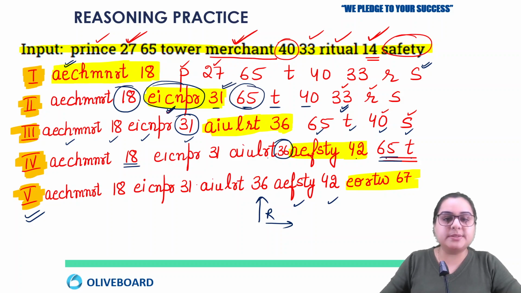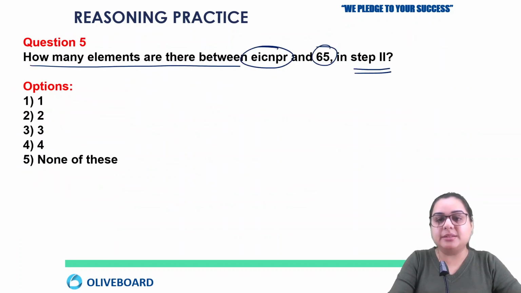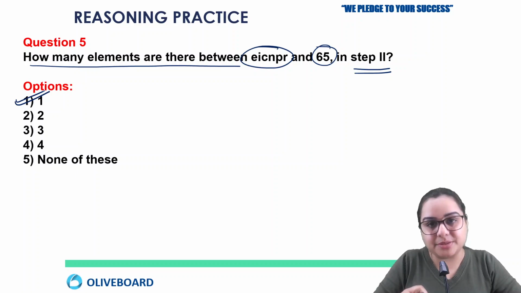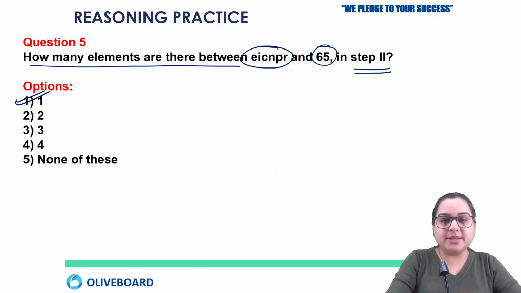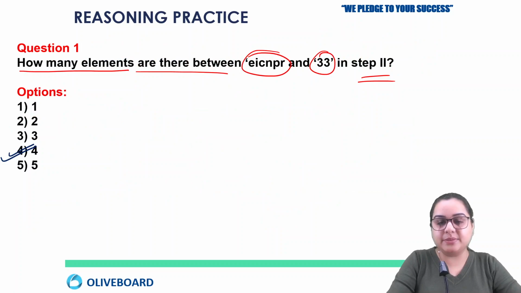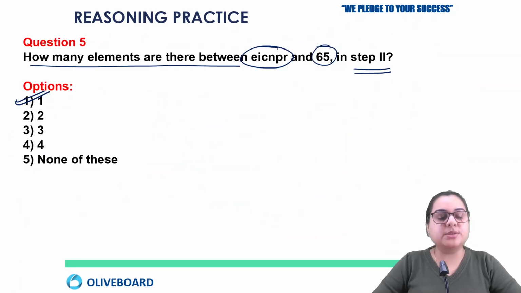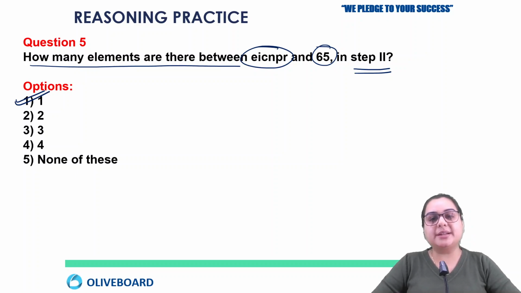Between these two, as I can see, it is just one, which is 31. So the answer here will be option number 1, that is just one element.